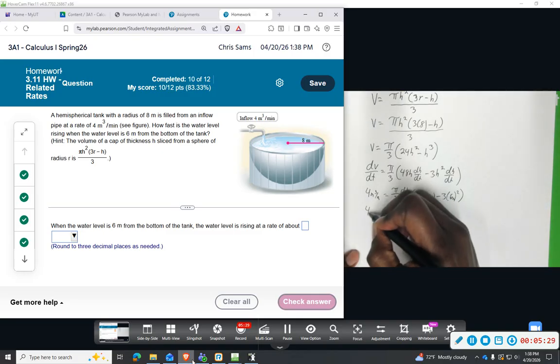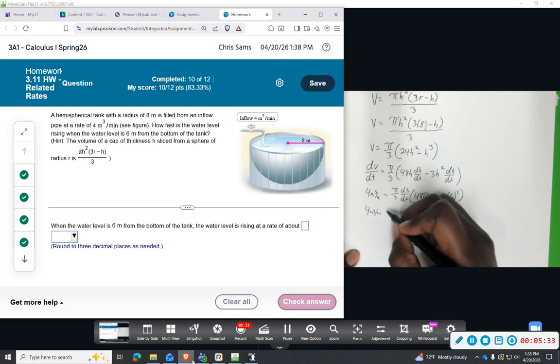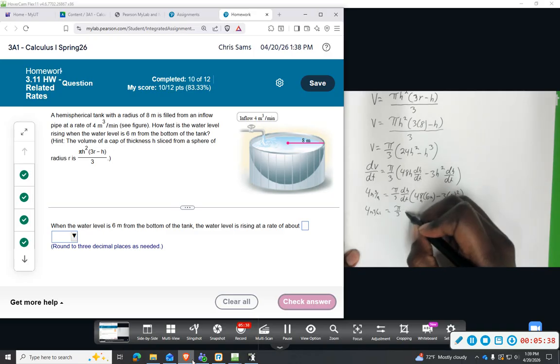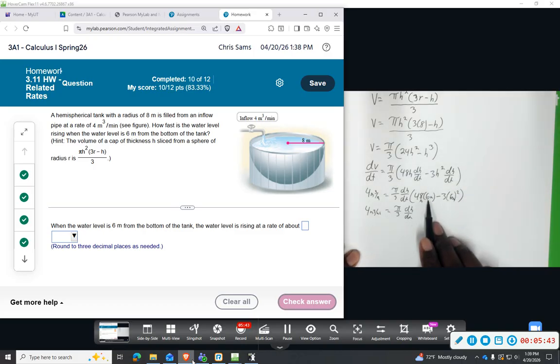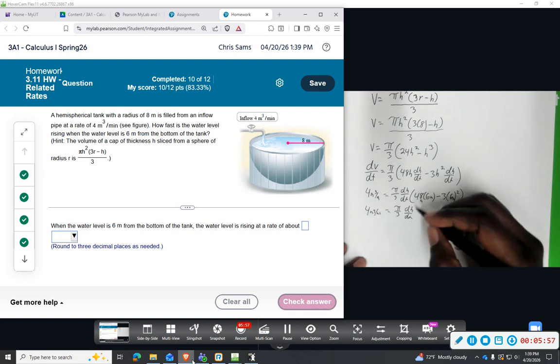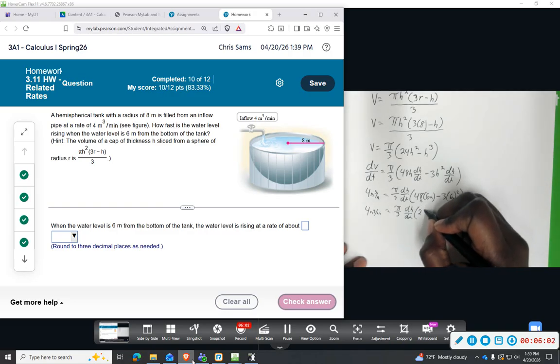So we have 4 meters cubed per minute equals pi over 3 dh/dt times 48 times 6. We can think about that as 6 times 50, which will give me 300, and 6 times 2 is 12, so 300 minus 12 is 288.